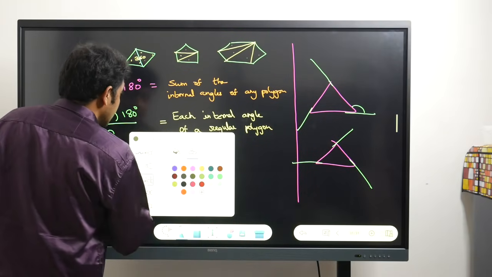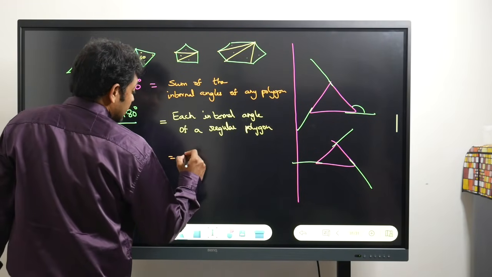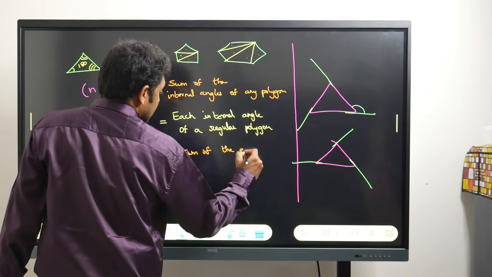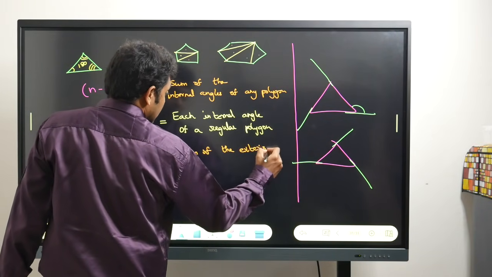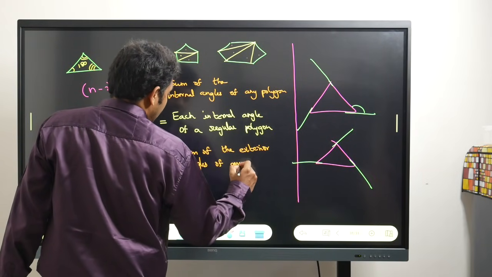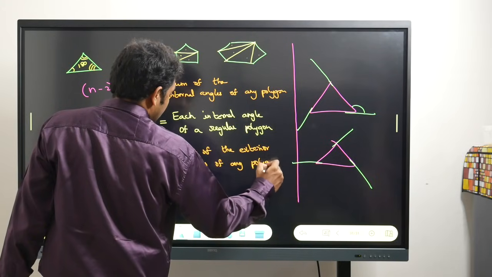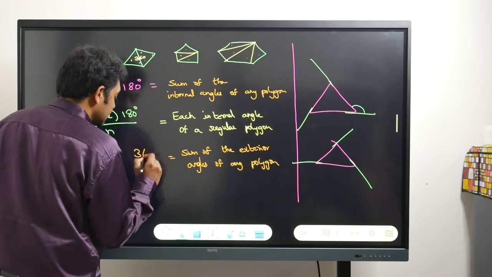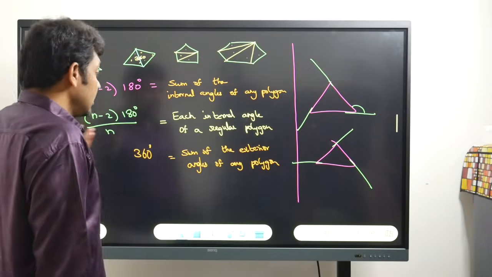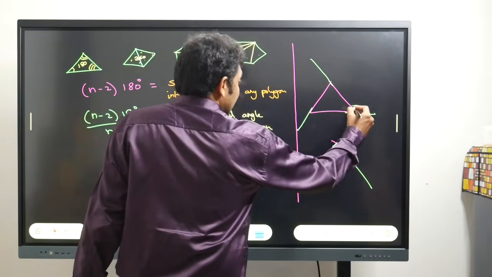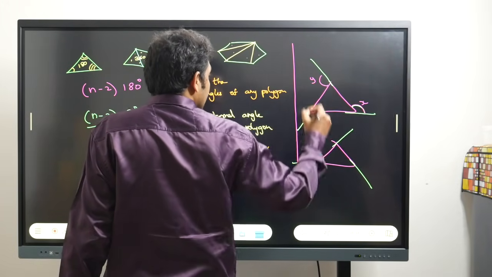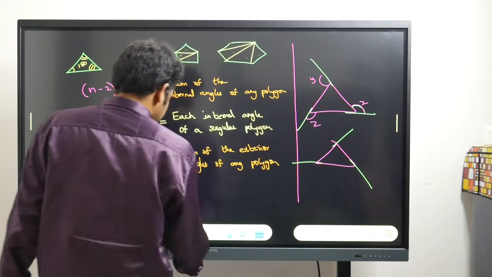Please note this. The sum of the exterior angles of any polygon is equal to 360. Why? Say this angle is x, this angle is y, this angle is z.